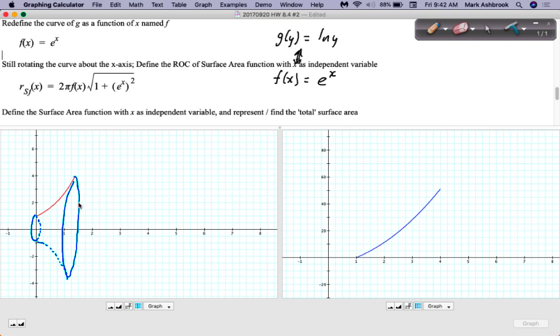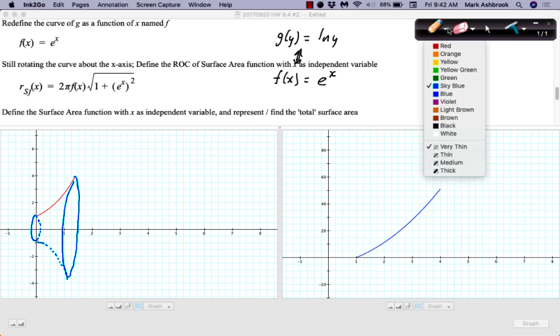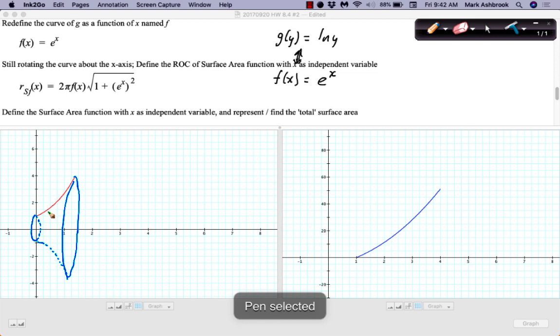Okay, so we were looking at first arc length, but then we looked at surface area of this funnel, and we came up with using y as the independent variable. We were doing y as the independent variable, but our ribbons still would go around this way. The ribbons are going to follow how we rotate the curve, but then we can choose to have y increase through delta y intervals or x increase through delta x intervals.